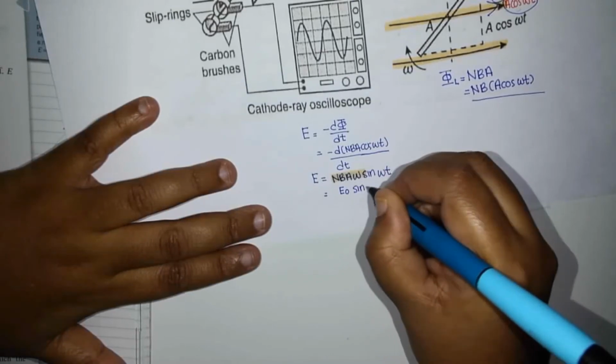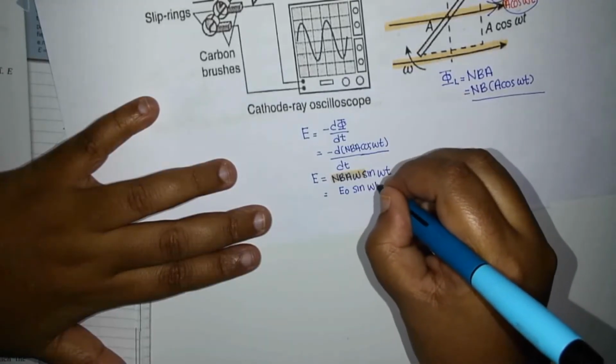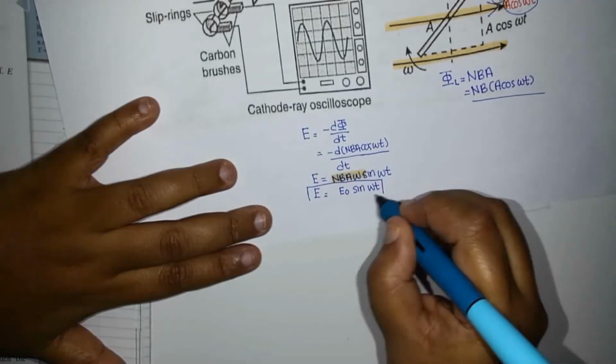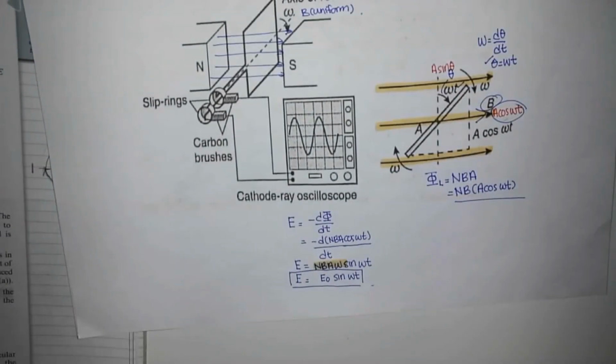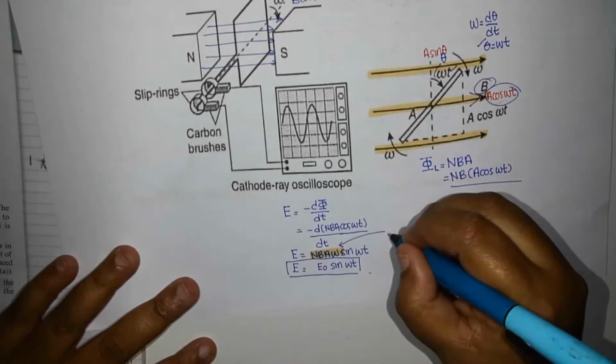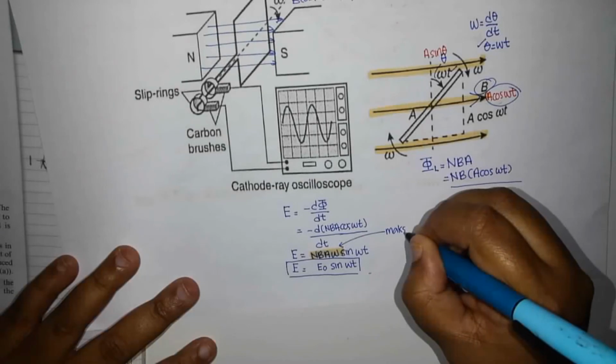So you get E equals E naught sine omega t. NBA omega is the peak of the EMF. Peak means the maximum EMF.